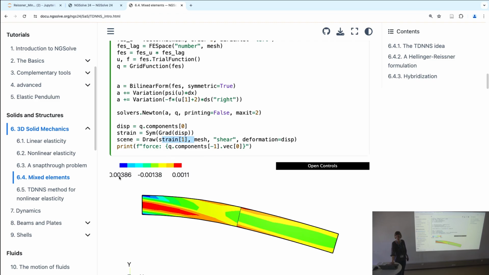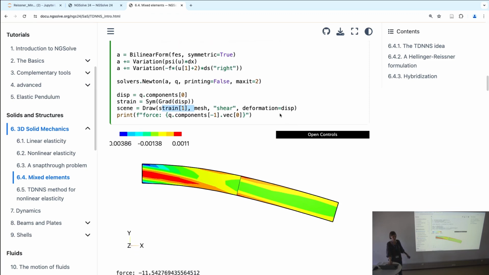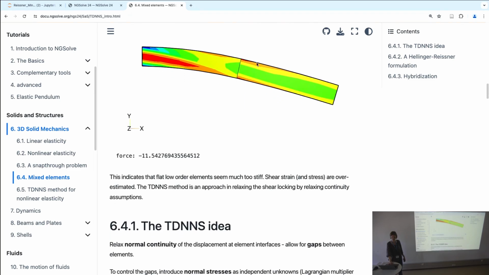Shear strain is now below 1%, even rather like 0.1%, so much lower. The force we need to get to this configuration is like 11 Newton per square millimeter, so 1/10 of the value we estimated before. And now the question is, what can we do about that?